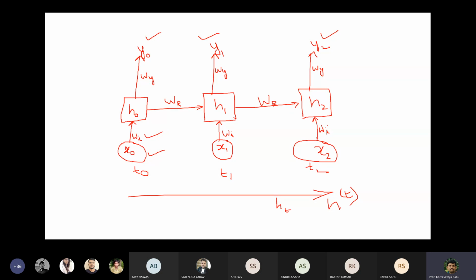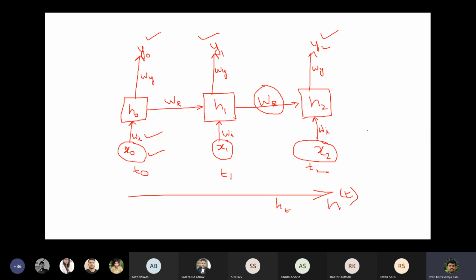No, it depends on wr, which is taken from h1. And this h1 depends on x1, and also on wr or h0. So this is what is meant by saying that the sequence of the words is dependent.